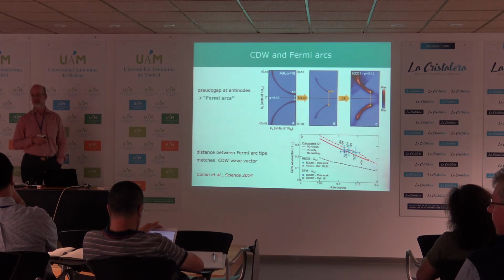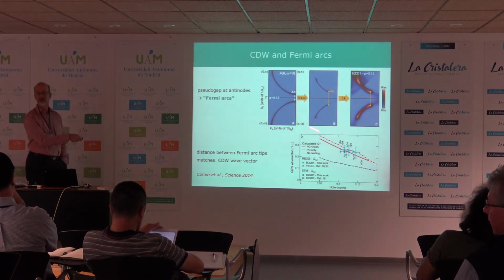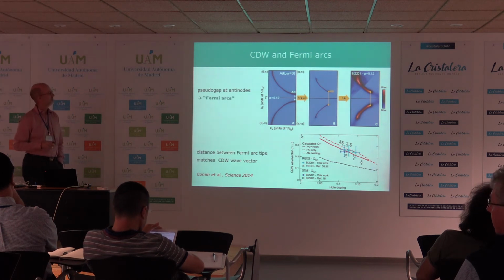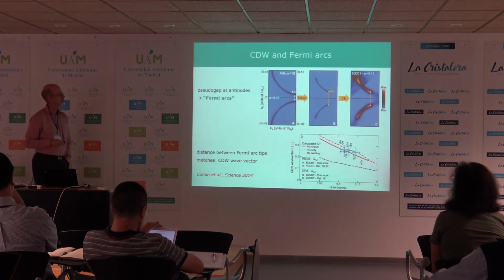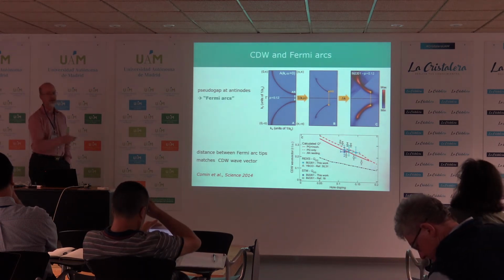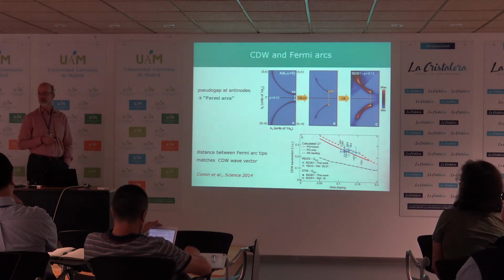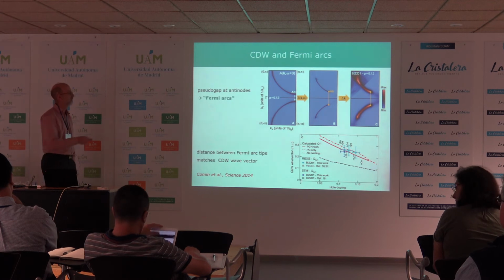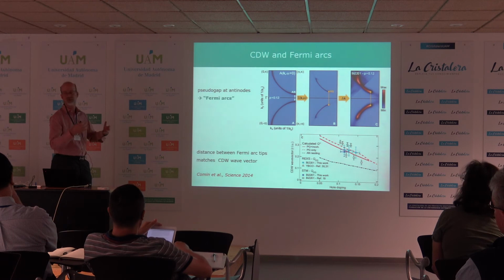So clearly, you should take this as an empirical observation, right? But in the microscopic physics behind this, this apparent similarity between the wave vector connecting the Fermi arcs and the charge density wave is still not really understood. And there's also even some uncertainty in the definition of exactly what you mean by this wave vector.